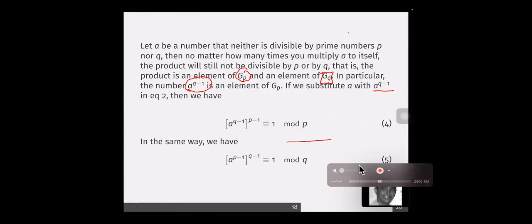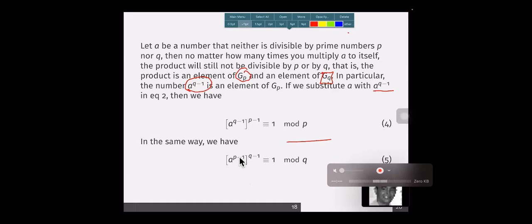In the same way, with the same reasoning, we can say that any power of a is an element of G of q, and in particular, we have this one here, a to the p minus 1, is an element of G of q. That's why we have mod q here.